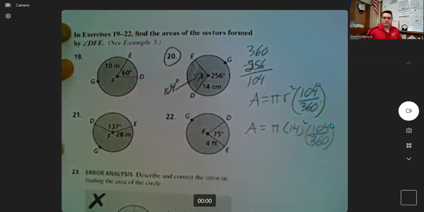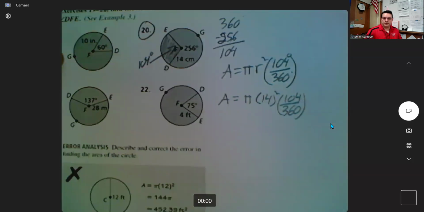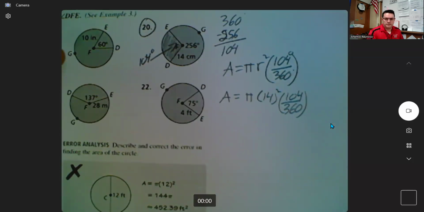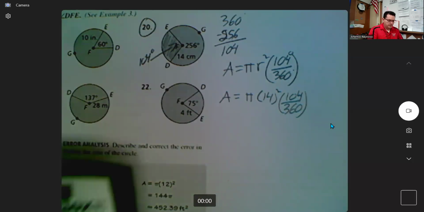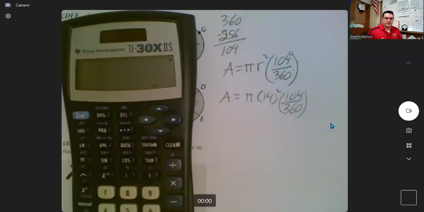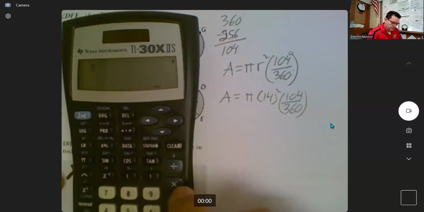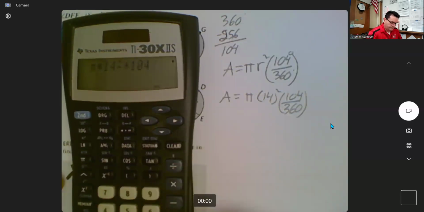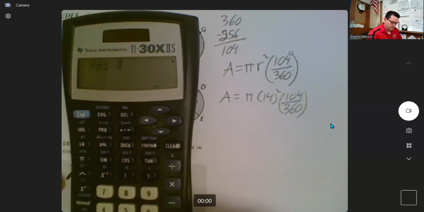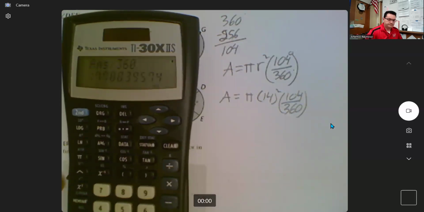If you are wondering why I do not reduce 104 and 360, there's no need because I will end up using the calculator. I typically use a scientific calculator. So I will get pi times 14 squared times 104, equals, everything divided by 360.